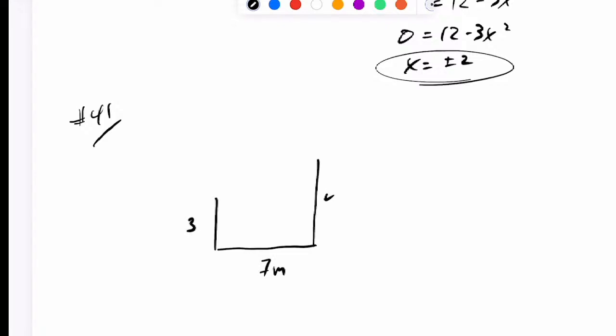This is 3. This is 4. And what they say in number 41 is a wire is run from the top of a post and reaches the ground and goes back to the top of the other post. So it's kind of like boom, boom. Find the minimum length of the wire.